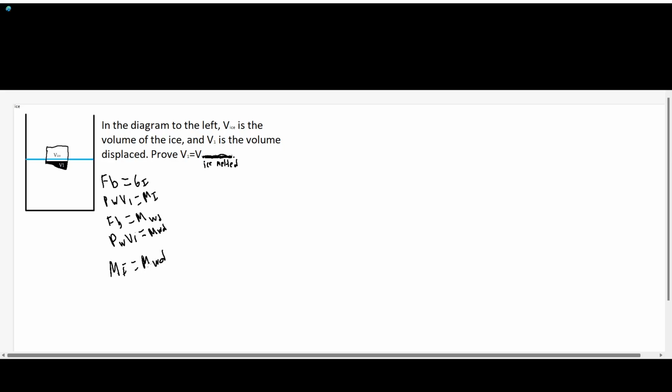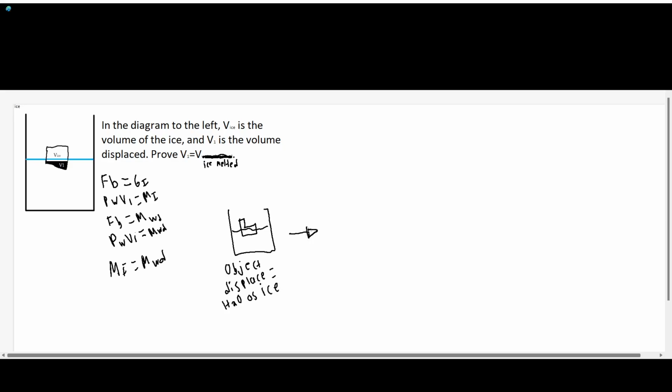Now, from this, let's try something. Let's take the cup, and here's the water level. Let's make some theoretical object. This theoretical object displaces equal water as the ice that we just had.